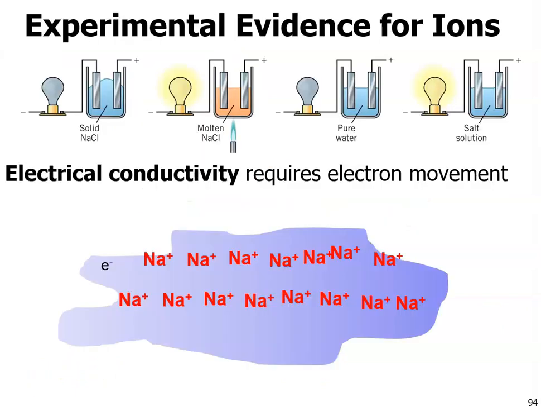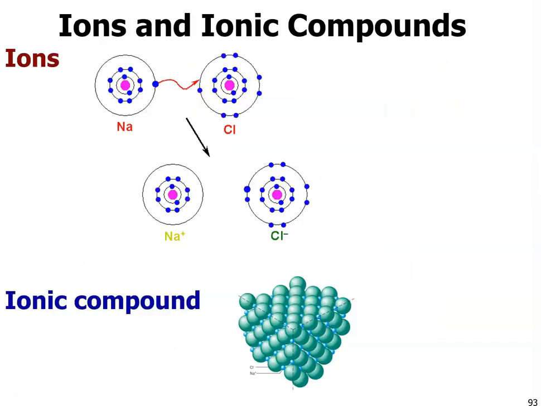So how do we know if something is an ionic compound? One of the things we can do is check whether it conducts electricity, because remember what's happening: we have this open space in this sodium, and electrons can jump into this orbital and hop and pass through one sodium to the next, to the next, to the next.